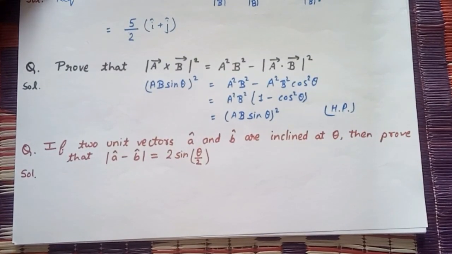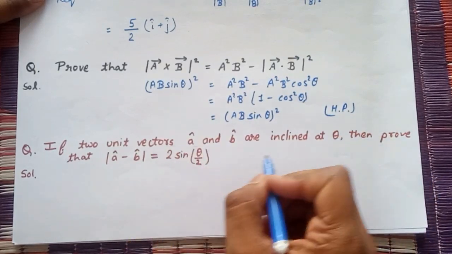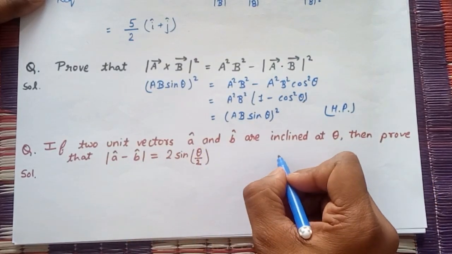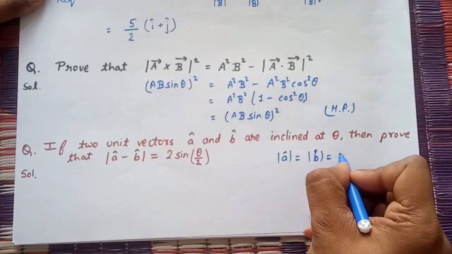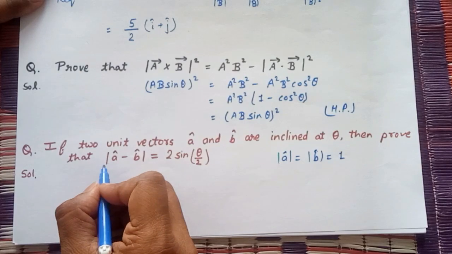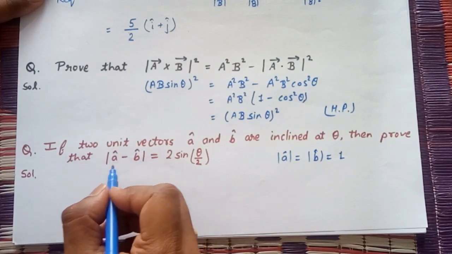Next question is, if two unit vectors a cap and b cap are inclined at theta, then prove this. Since these are unit vectors, their magnitude will be equal to 1 only. So the magnitude of their subtraction will be equal to modulus of a cap minus b cap.